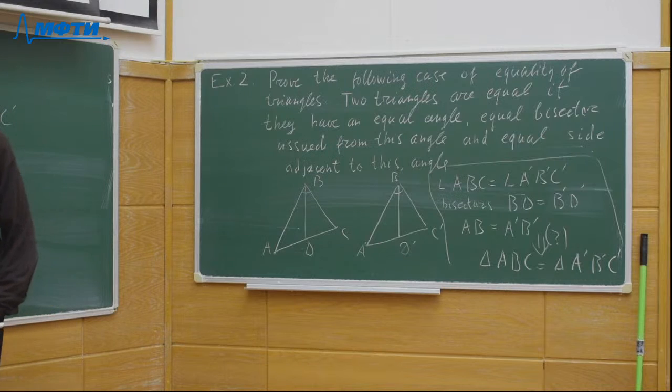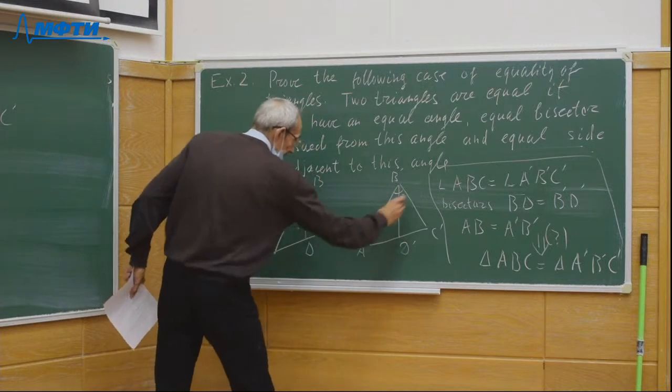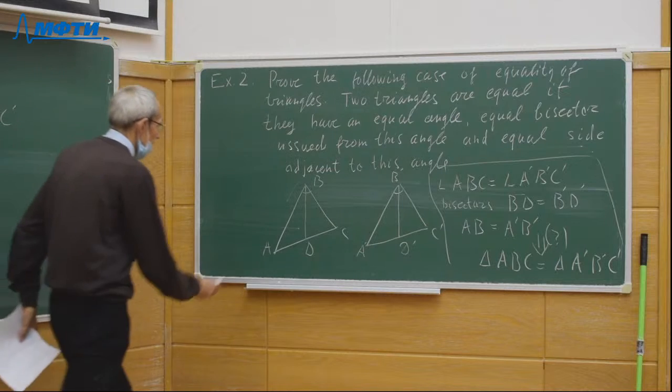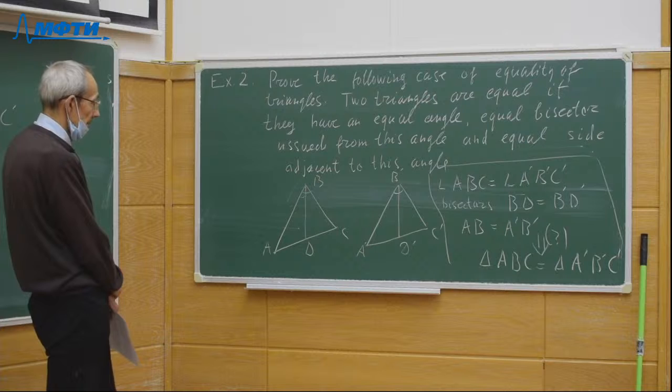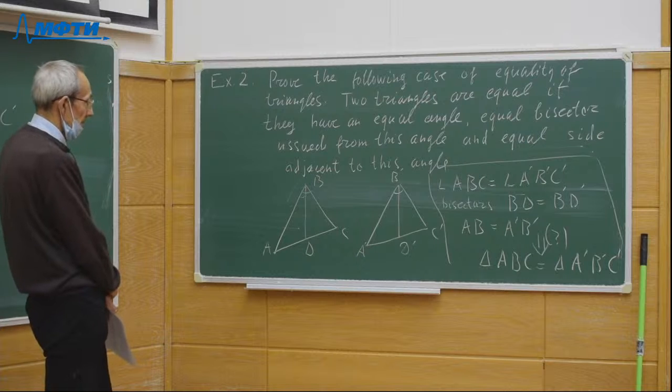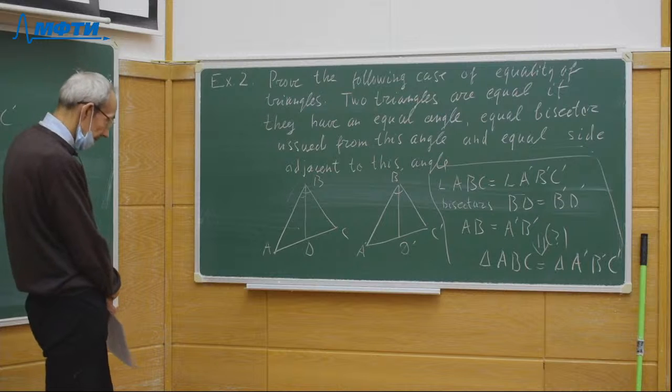Yes, it's similar. ABD equals A prime B prime D prime. These triangles are equal, because the bisector is equal, and the adjacent side is equal, and the angle between them is also equal.